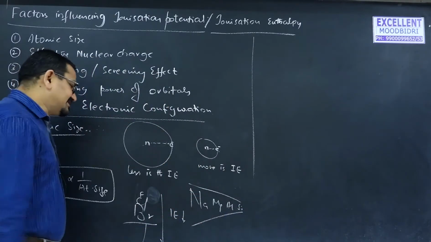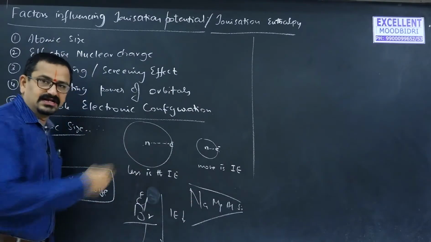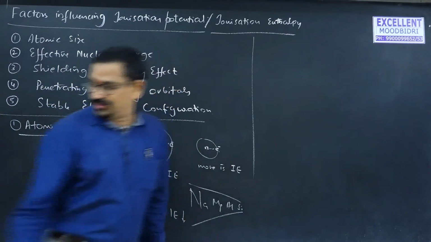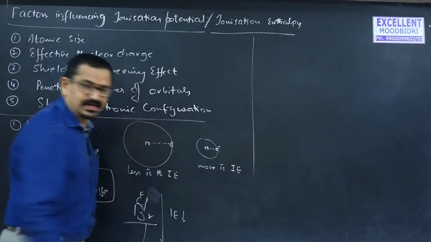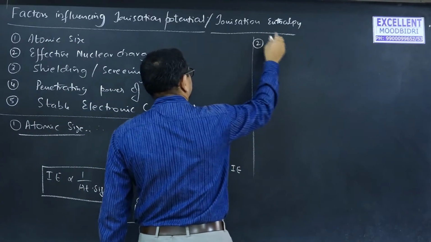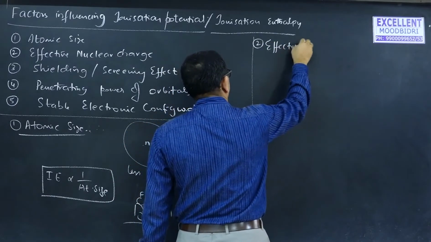So when the atomic size decreases, we expect the ionization potential to increase. Let us discuss these applications after finishing the factors. There is an anomaly among these positioned elements.